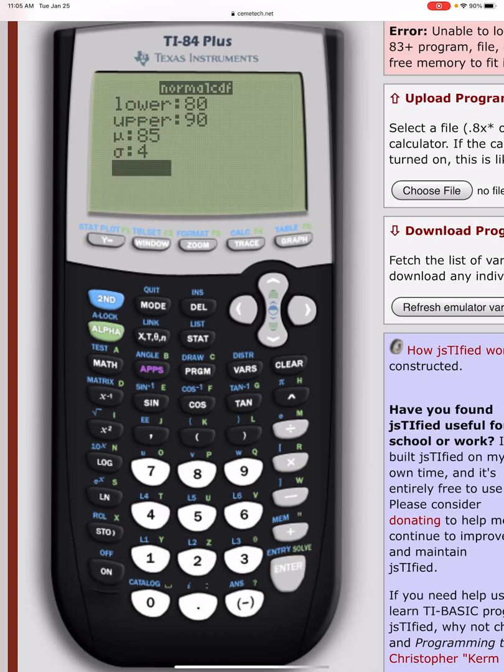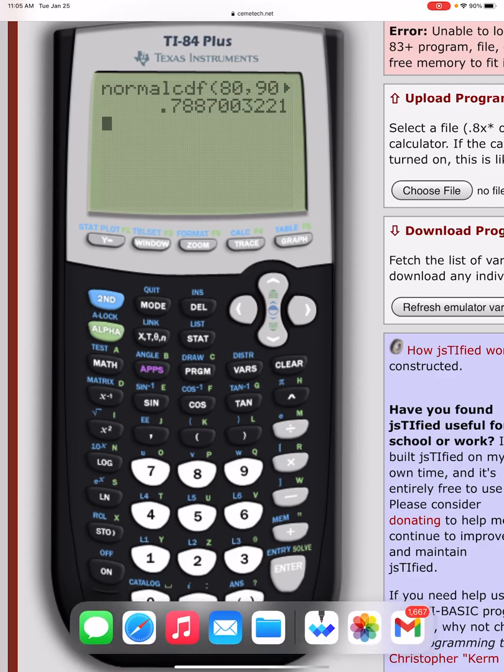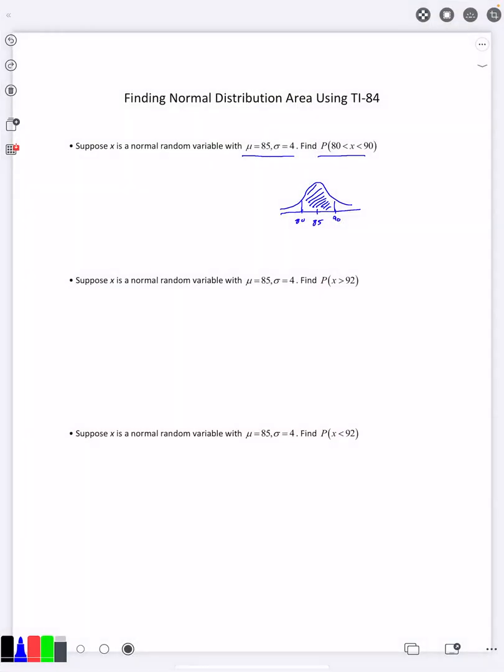All you do is hit those 4 numbers in there, hit enter, and we get 0.7887. So that is going to be our area. So now we know there's a little under 80% chance that the x value is going to be between 80 and 90.